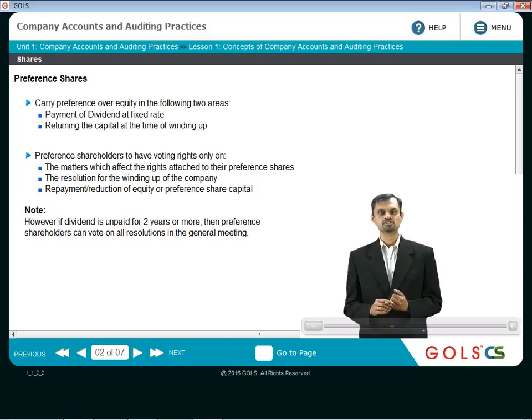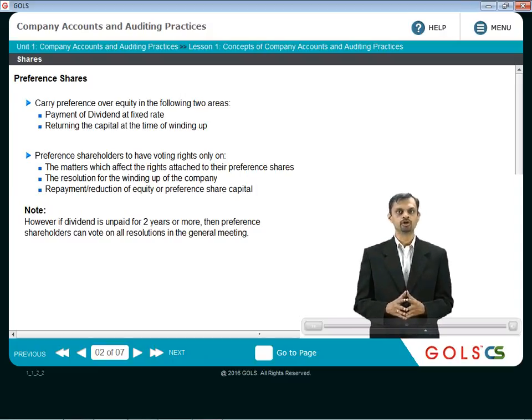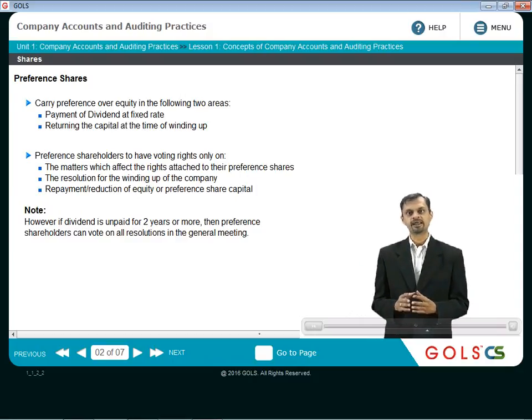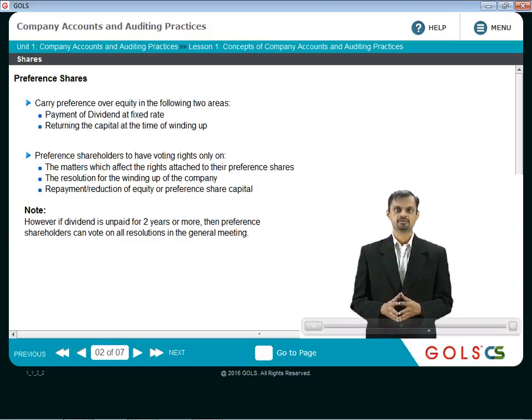Preference shareholders will have a voting right only on matters which affect the rights attached to their preference shares. On matters not affecting their rights, they will not have a voting right.